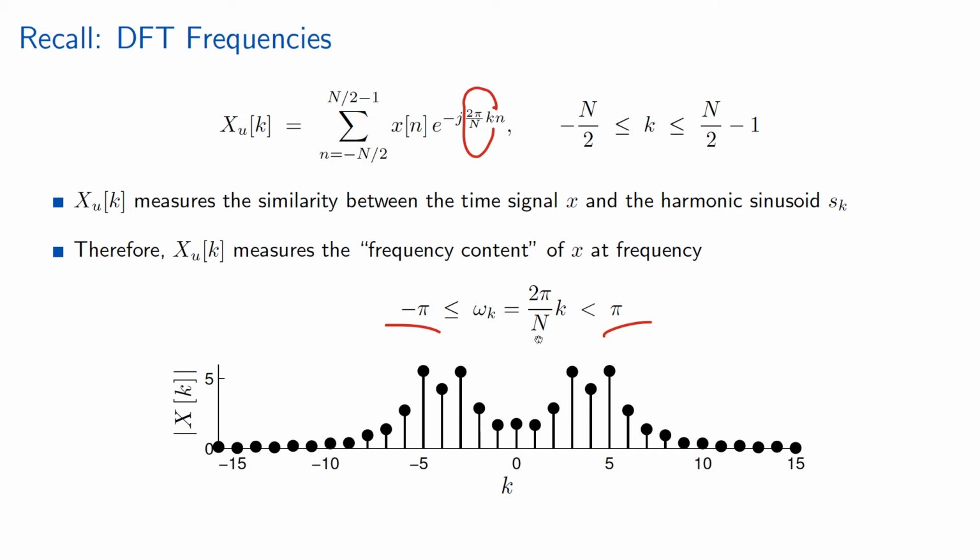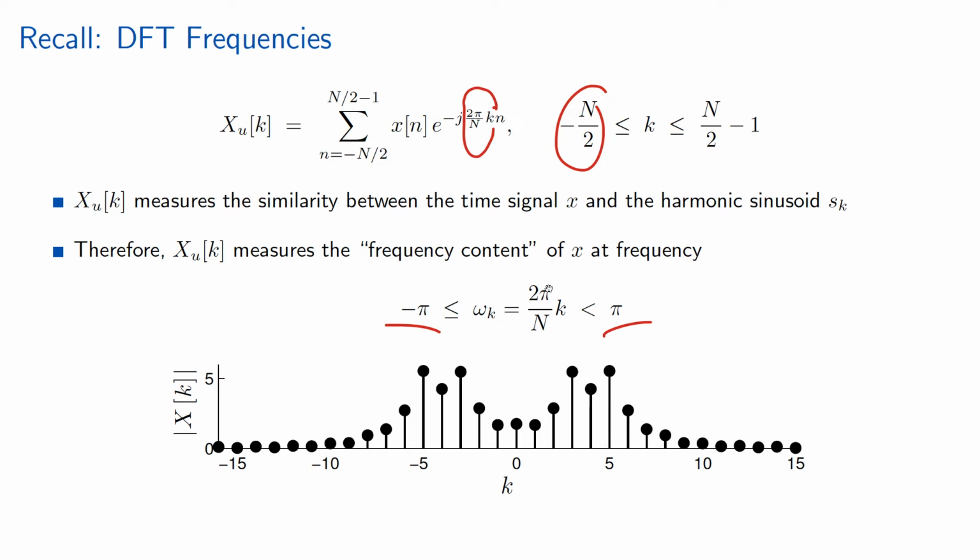That's because no matter how large N is, we're only indexing k between minus N over 2 and plus N over 2 minus 1, which if you just plug in N over 2 in here, you see the N's cancel, the 2's cancel, and you basically get minus pi.